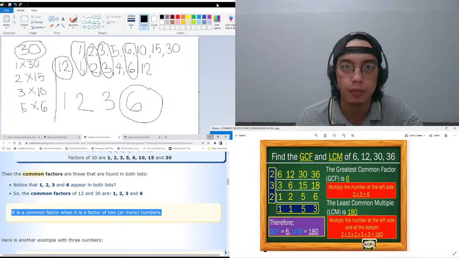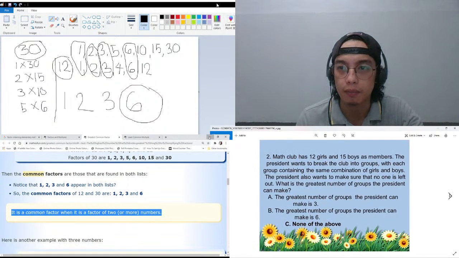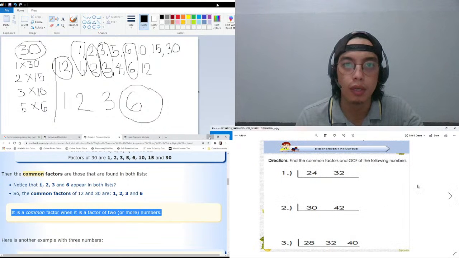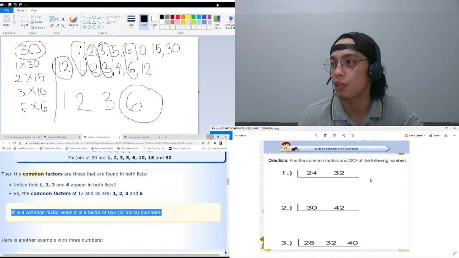Later na to sa least common multiple. Daghan. Okay, kani. Find the common factors and GCF of the following numbers.